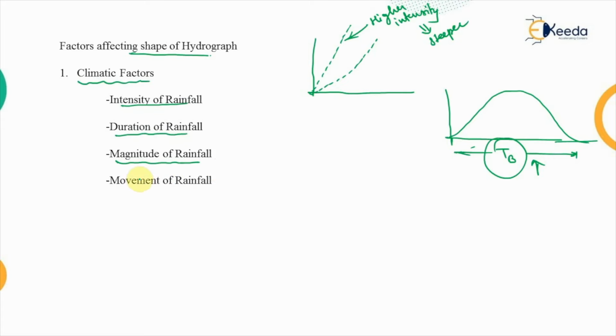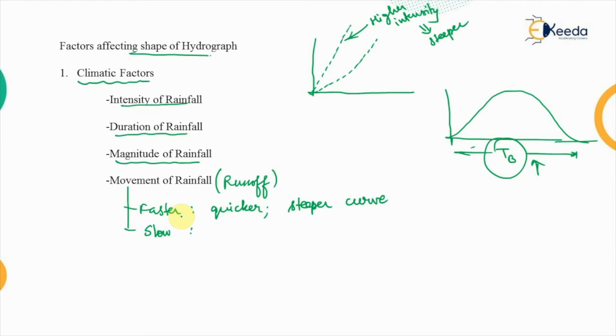And then the movement of the rainfall, that means the runoff. If the runoff is contributing early, if the movement is faster, then the peak that we will be obtaining will be quicker, and a steeper curve will be obtained, because initially the contribution towards the outlet point will be very fast. On the other hand, if this movement is slow, then the peak will be obtained at a later stage, and the curve will be relatively flatter.